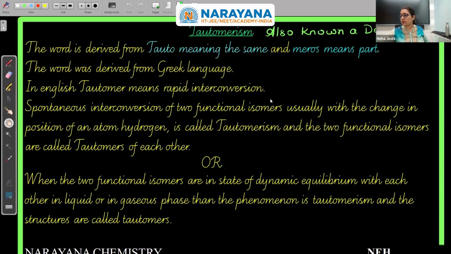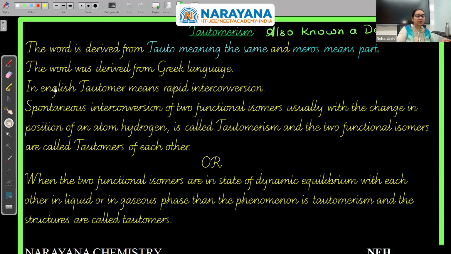Good, very good. So then let us move to tautomerism. Not even a single hand. Fine. Anyone else? No one is there. Okay. So no doubts from acid-base theory.